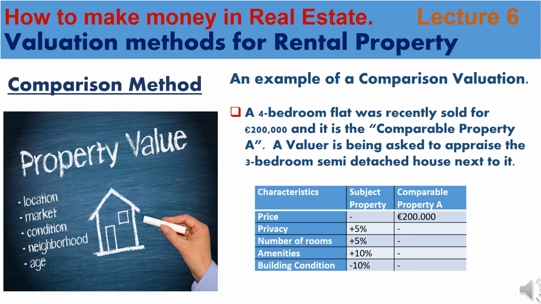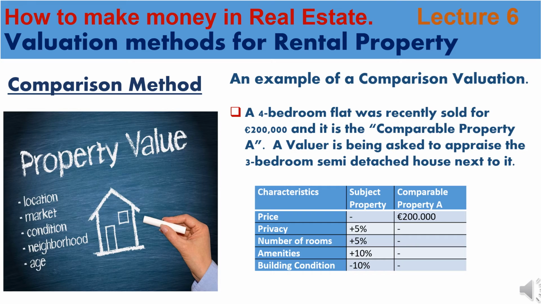To provide a better image of the method, the following is an example. A 4-bedroom flat was recently sold for $200,000 and it is the comparable property A. We are being asked to appraise the 3-bedroom semi-detached house next to it.